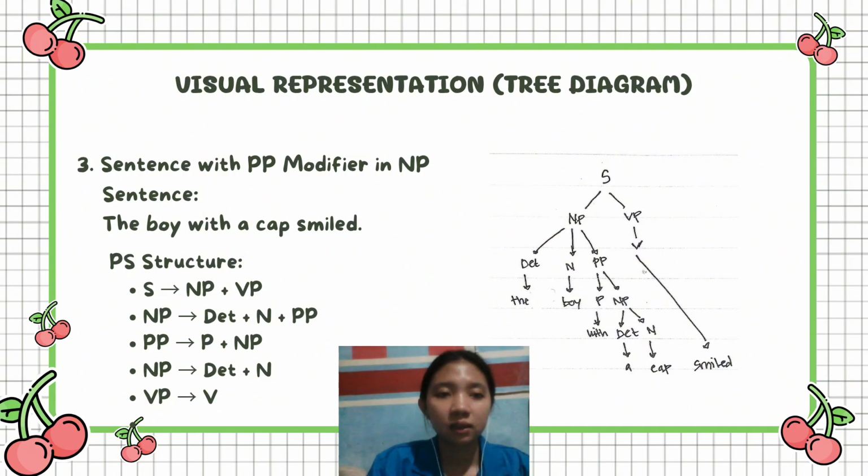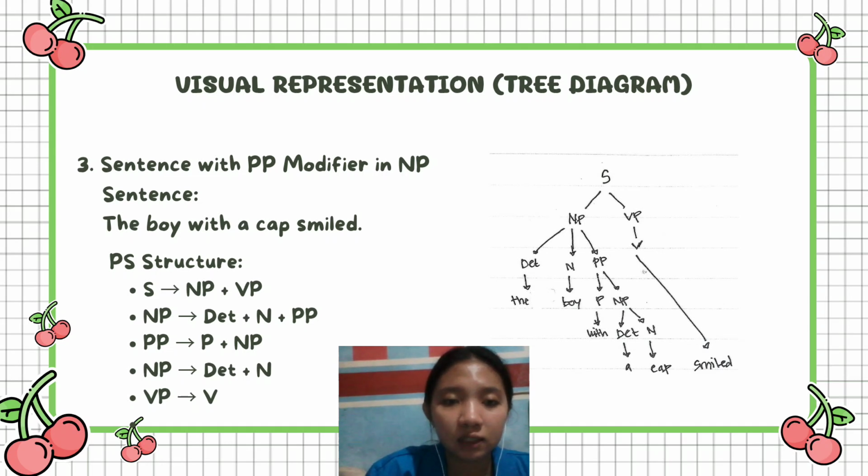Third, sentence with PP modifier in NP. The sentence is, the boy with a cap smiles. The structure is, in the sentence, there's a noun phrase plus verb phrase. In the noun phrase, there's a determiner plus noun plus prepositional phrase.